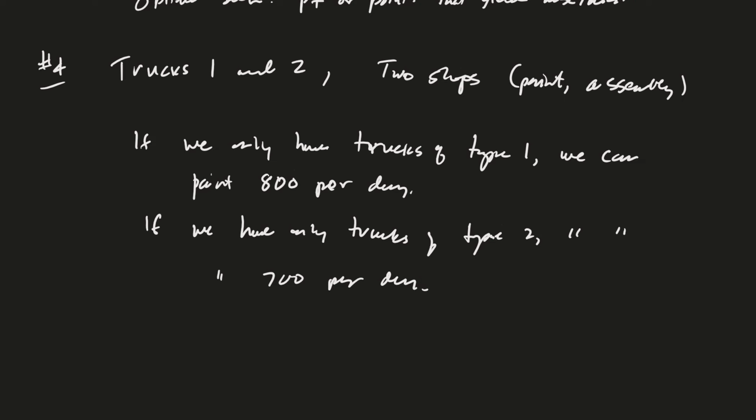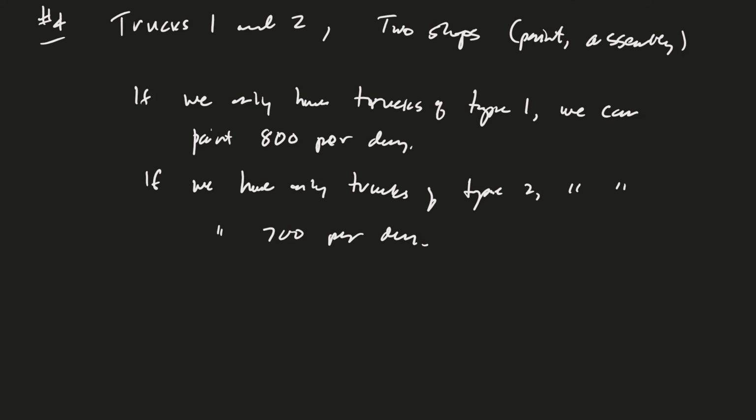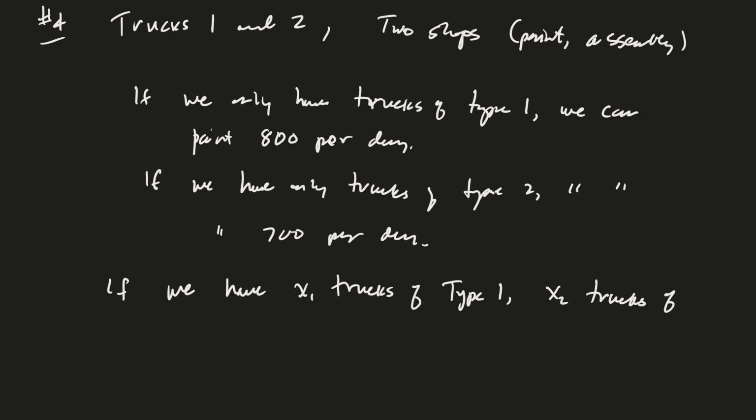Okay, so if we have X1 trucks of type 1 and X2 trucks of type 2, can we formulate a constraint?